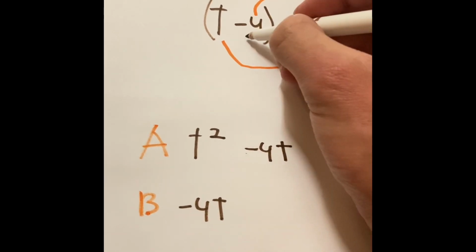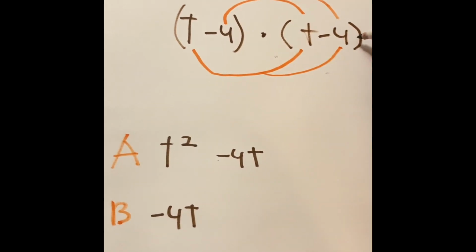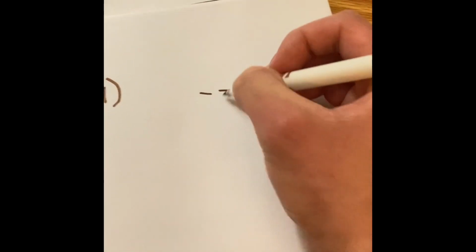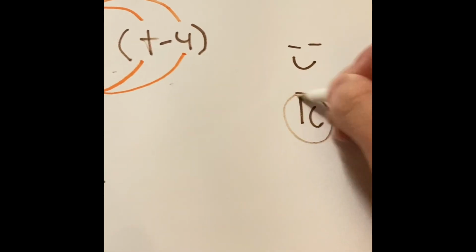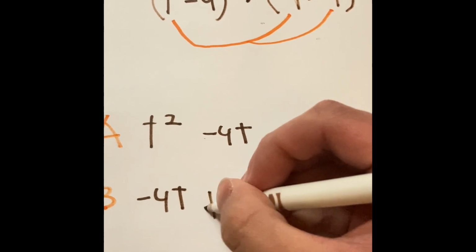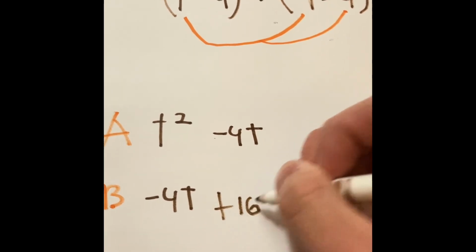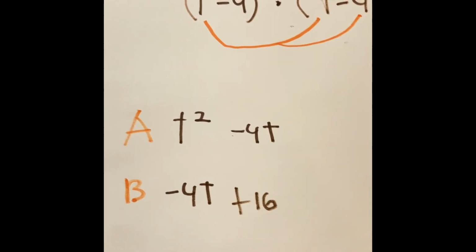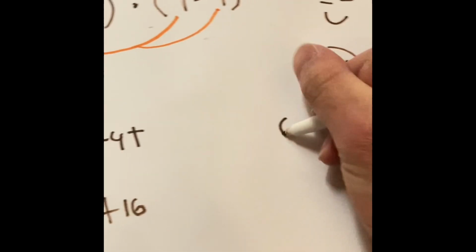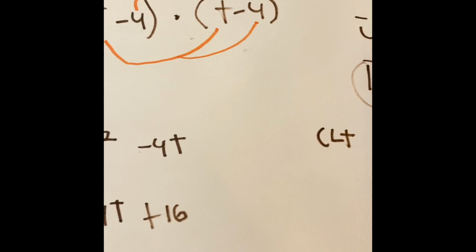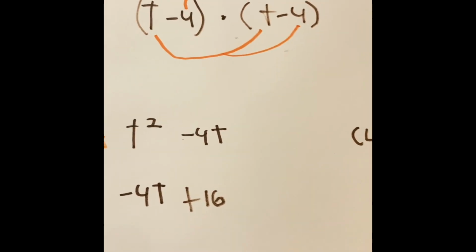And −4 multiplied by −4, a negative times a negative is positive, that's going to be a positive 16. So we add positive 16. What we just did is come up with two expressions. Now we get to combine the like terms, and we'll get our final answer.